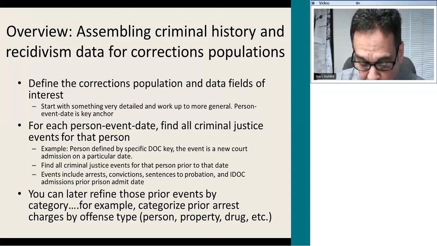So why do we get these SID numbers matching to two different IDOC numbers if we have an exact match based on last name, first name, and date of birth? Well, what's happening is we're probably actually matching to aliases. Don't forget that that's quite common, as you all know. Names are entered each time the person's arrested.